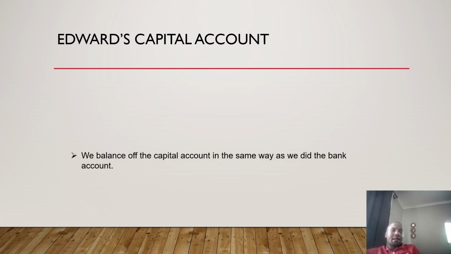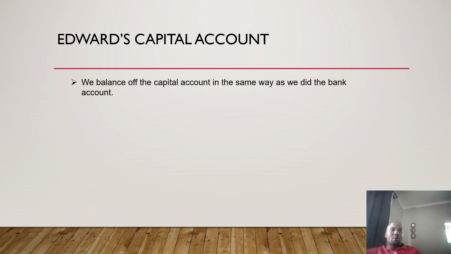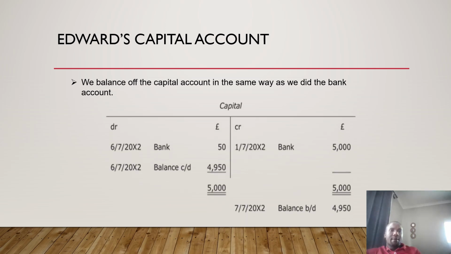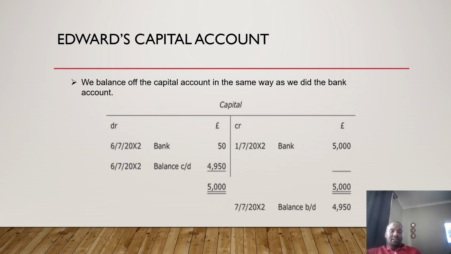Okay. And then we go to the capital account. So we're going to balance off the capital account in the same way we did with the bank account because it had both sides. The capital account had 50 pounds on the debit side and 5,000 pounds on the credit side. So the credit side had a greater amount. That's why the total is 5,000 pounds.